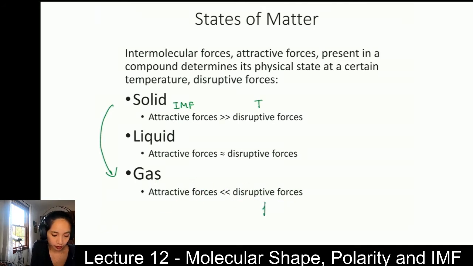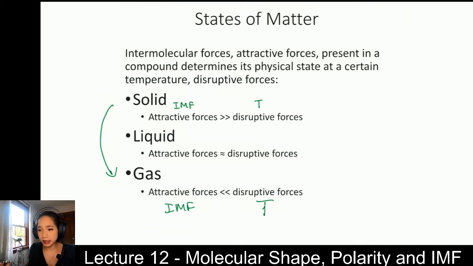If the temperature is great enough to break those intermolecular forces, the molecules are going to spread out and you'll have a gaseous sample. They're not attracted towards one another, so you don't have a defined volume like in a solid or a liquid sample.